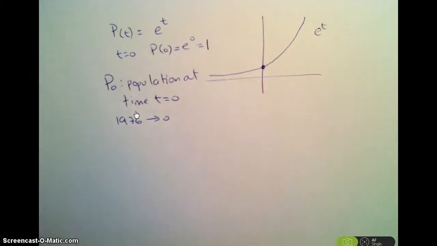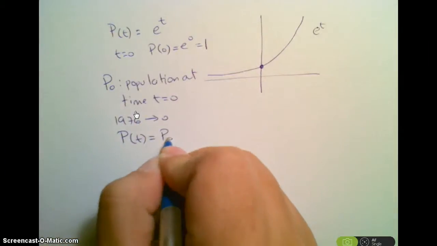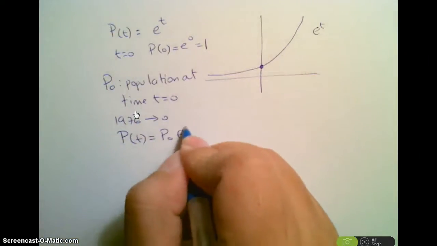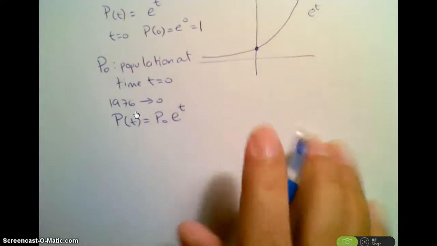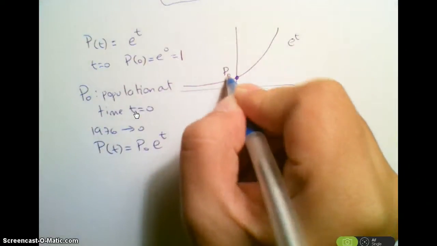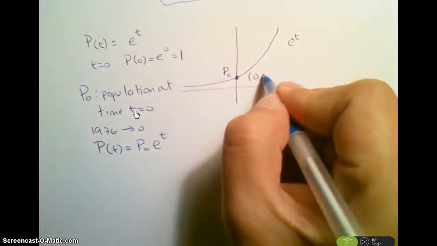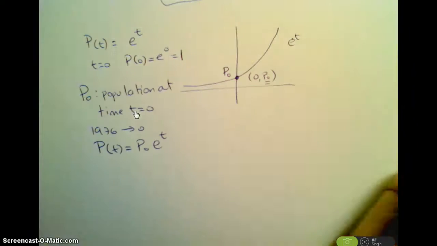So P sub 0 is population at time 0. So I can have my population as the population at the beginning times e to the t. So if I were to graph this, this point right here would be the population at time 0. So at 0 I have the population at the beginning.